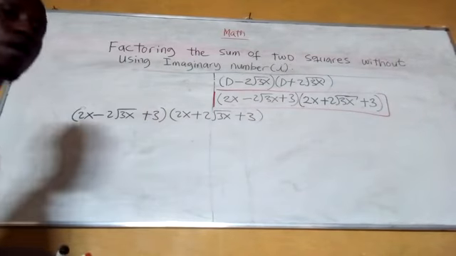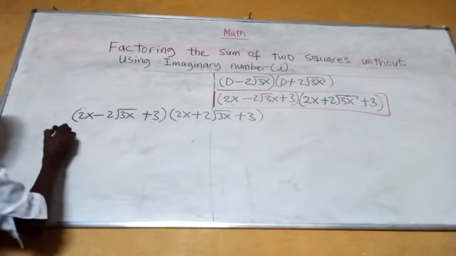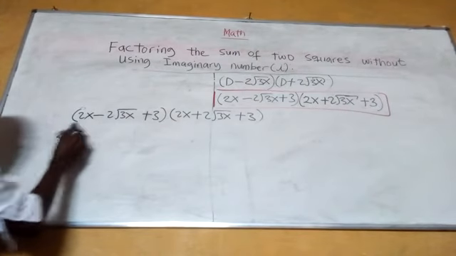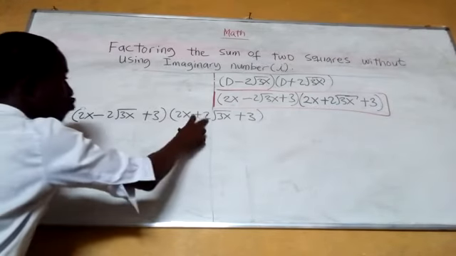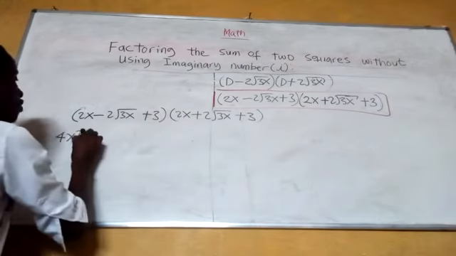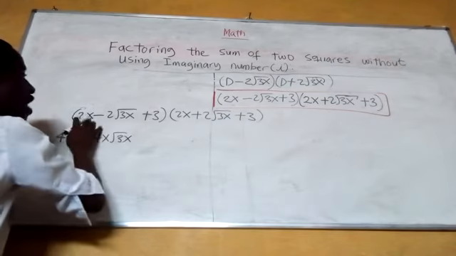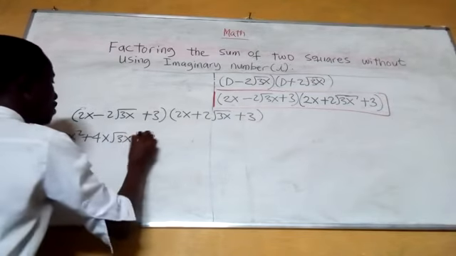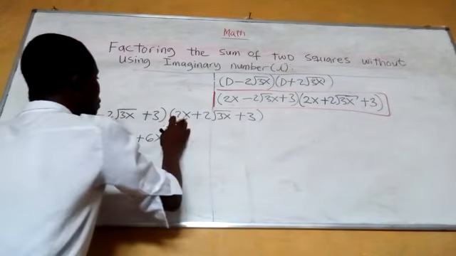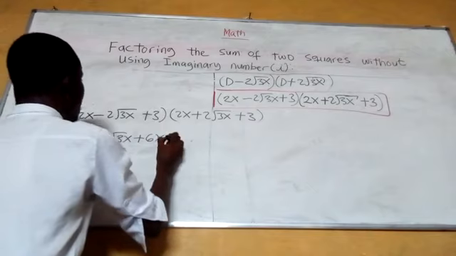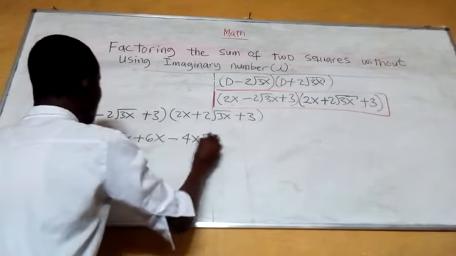So let us do our multiplication. So here we come to say 2x times 2x, they are 4x squared. Good. So we come 2x times positive 2 root 3x, they are positive 4x root 3x. 2x times positive 3, they are positive 6x. Minus 2 root 3x times positive 2x, they are minus 4x root 3x.